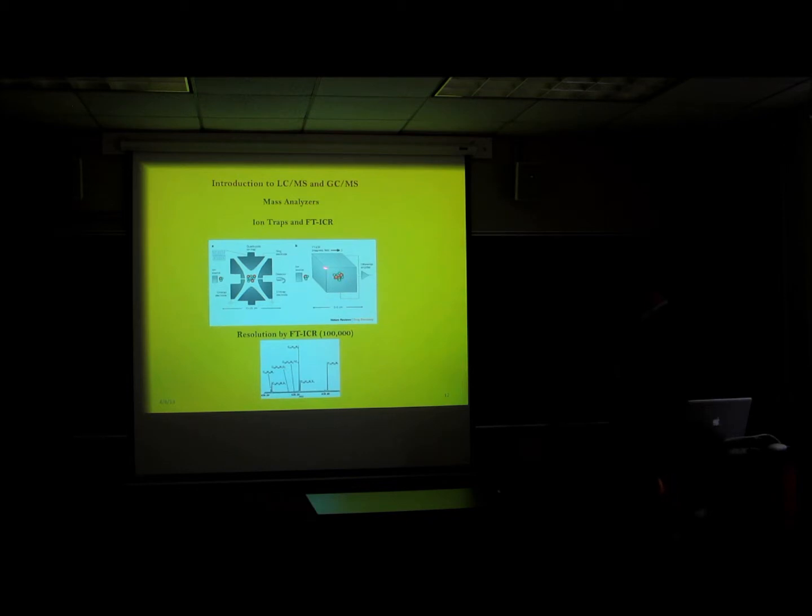As energy is introduced into the ICR, the radius of those orbits becomes wider and wider until it hits the edges of the FTICR cell, which causes an electrical signal that's proportional to the abundance of that ion within the cell, and then you can measure the mass to charge ratio.